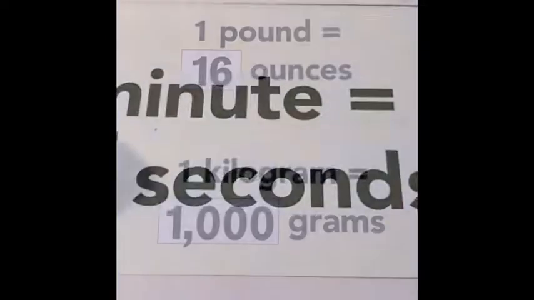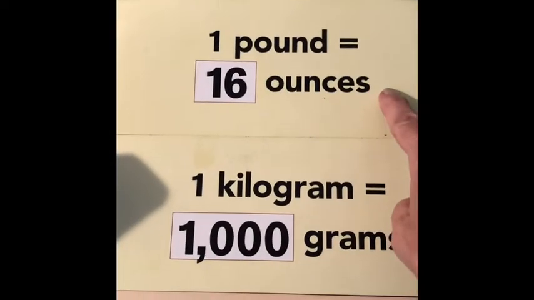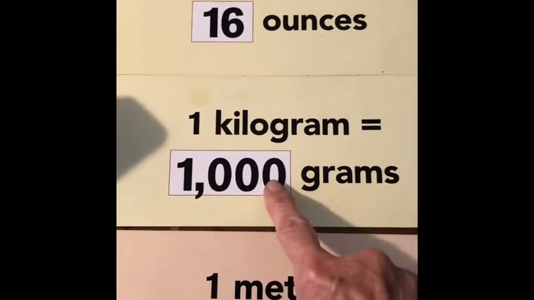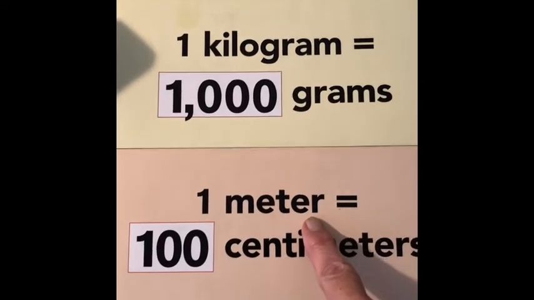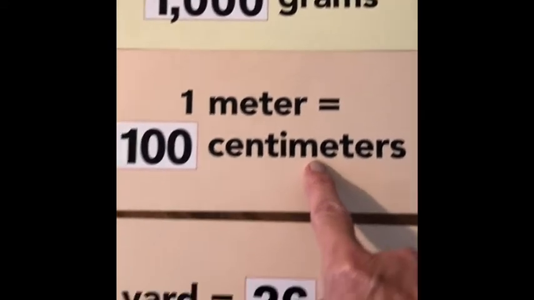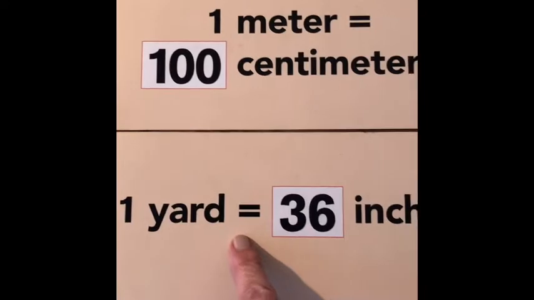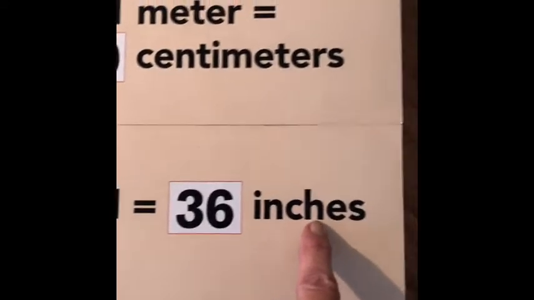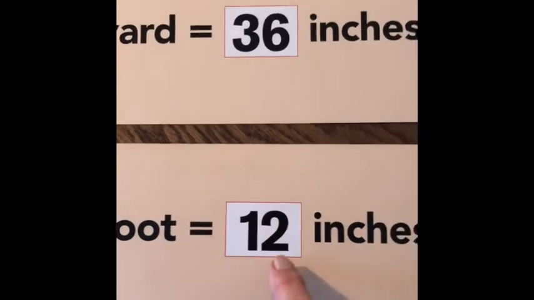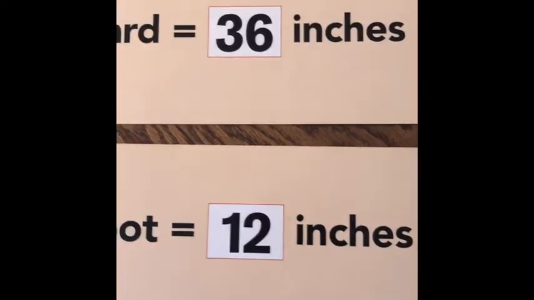And 1 minute equals 60 seconds. 1 pound equals 16 ounces. 1 kilogram equals 1,000 grams. 1 meter equals 100 centimeters. 1 yard equals 36 inches. And 1 foot equals 12 inches.